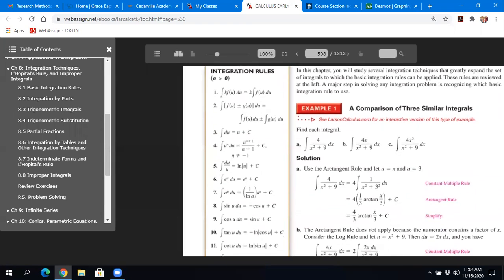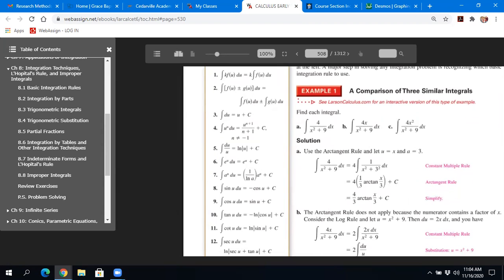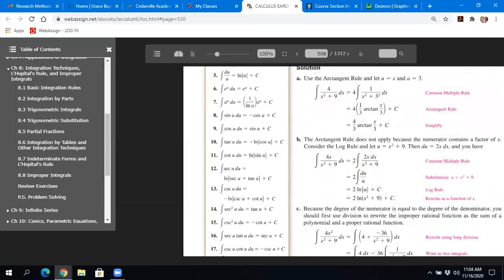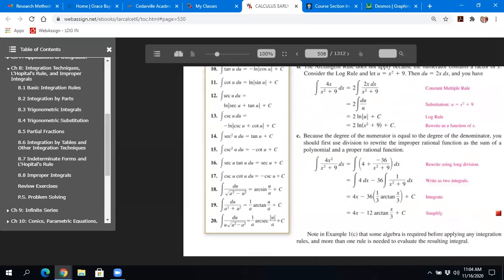So the basic integration rules that you probably should have had in your cognition at the end of Calc 1 are listed over here on the left. Probably the trickiest of which are the so-called arc trig integrals down here, involving the arc sine, arc tangent, and arc secant.